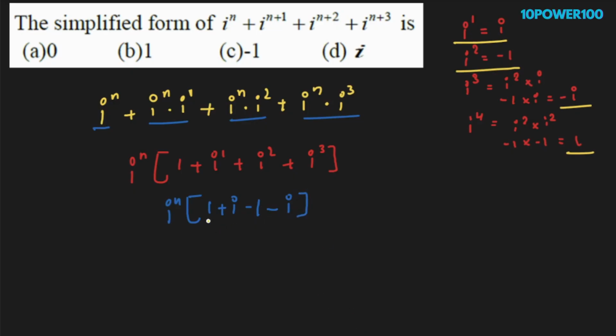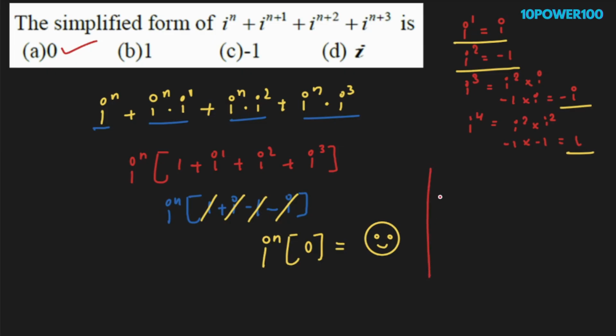Now for plus 1, minus 1 is a partner. For plus i, minus i is a partner. So what do we get? i power n of 0. So 0 into anything is 0. So option A, 0 is the answer.